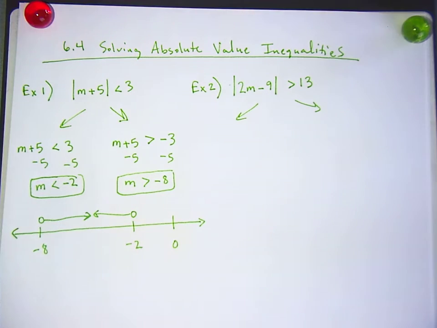No. Negative divided by positive. Wait, you did that. You took it wrong. You said it was positive 4. Did you flip this one? Negative. No, what did you do?